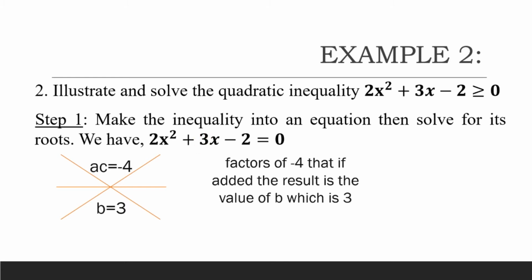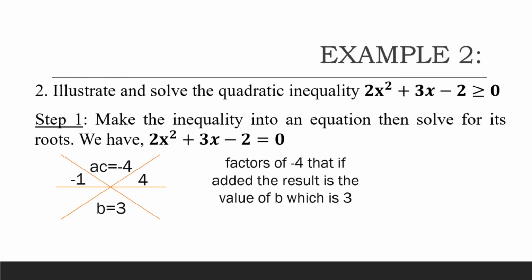And then, we need to find factors of -4 that, when added, give the value of b, which is +3. So those factors are -1 and +4. Please take note, -1 times 4 is -4. And if we add those factors, -1 plus 4, the result is +3.